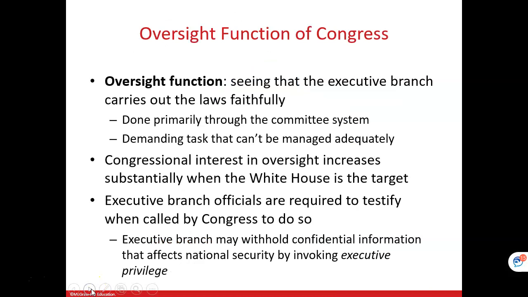So we've been talking a bit about oversight. I do have a tendency to do that. I talk and then I show the words. And so there is this function that the House and the Senate have.